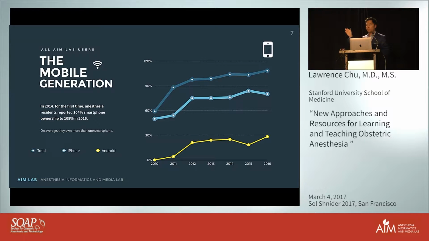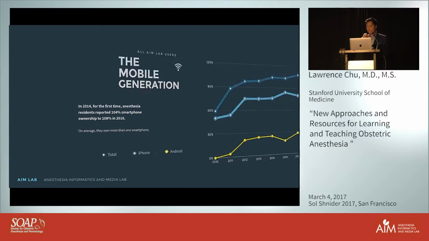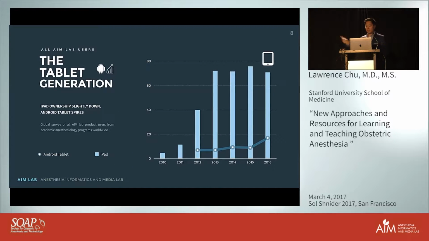Now, for the first time last year, we saw a downtick in iPhones and an uptick in Android, but on average about 75% iPhone. So when we, for instance, develop for mobile, we typically develop for iOS because it's still the pervasive and dominant mobile platform. But Android is gaining. And it's a tablet generation.